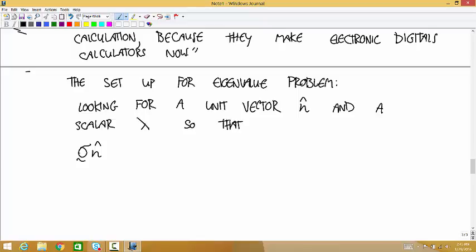And if this unit normal is in an orientation where you don't have any shear stresses, then that traction is going to be parallel to that normal vector. Okay? And so we're looking for the unique normal vector where stress times normal is equal to some scalar times that same normal vector.